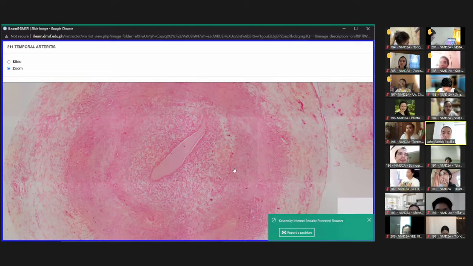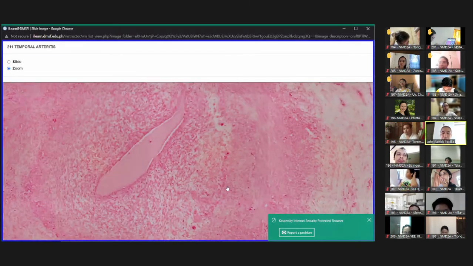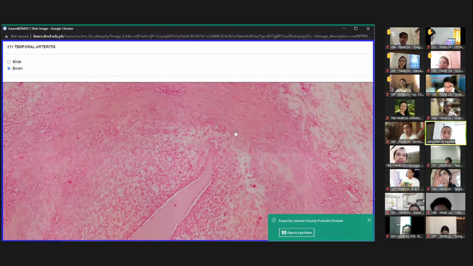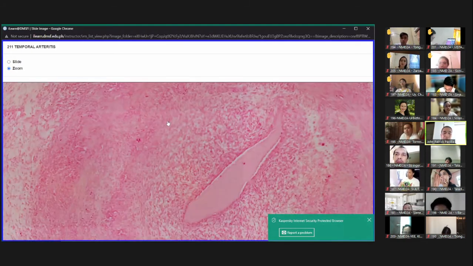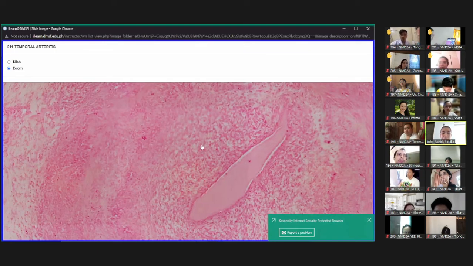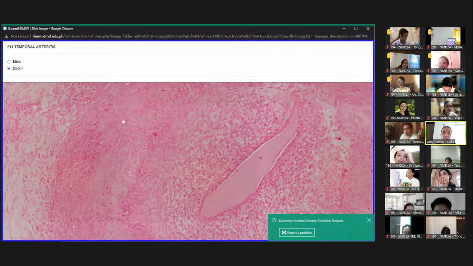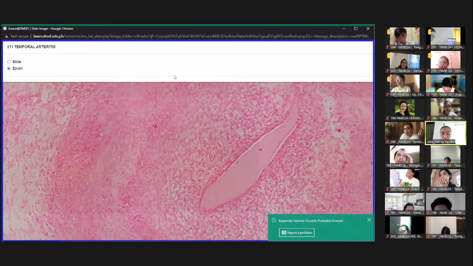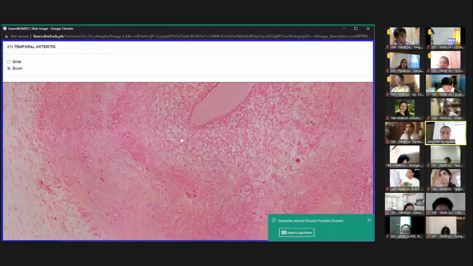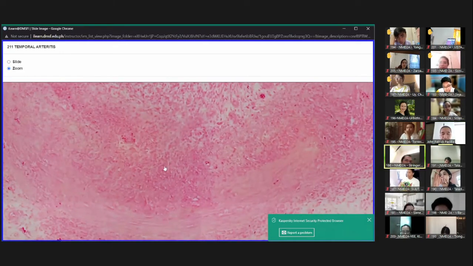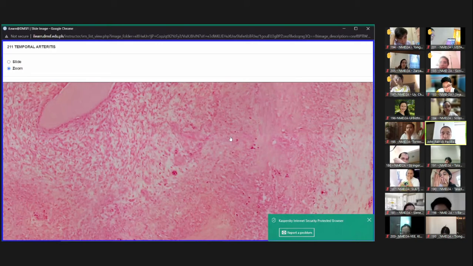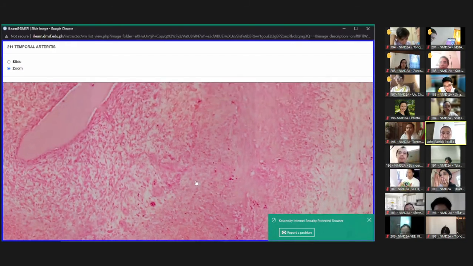There would be fragmentation of the elastin fibers found separating the tunica intima as well as the tunica media. There are a lot of inflammatory cells present, and the inflammatory cells here would be epithelioid histiocytes.